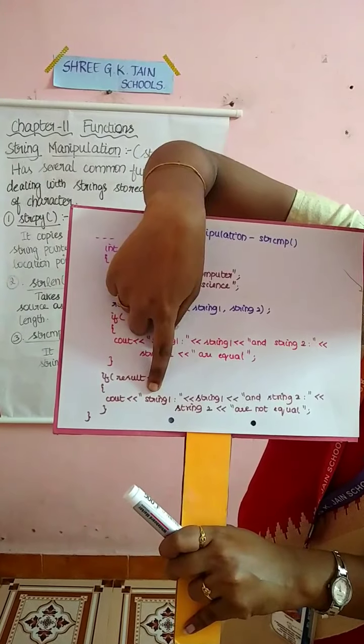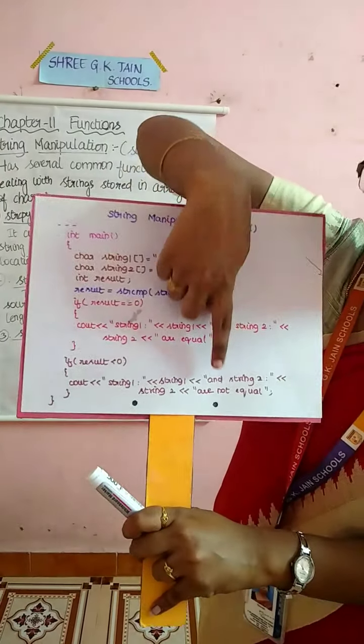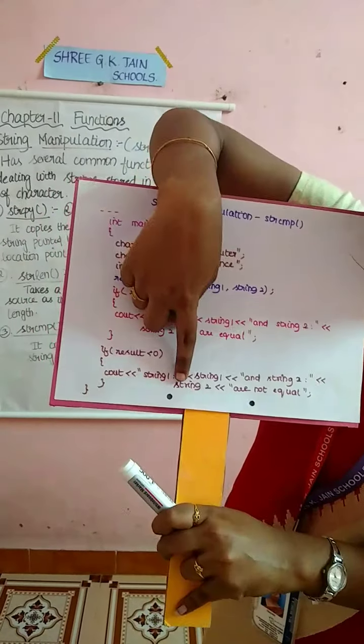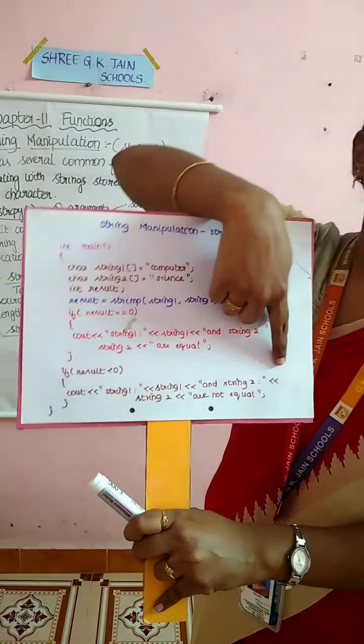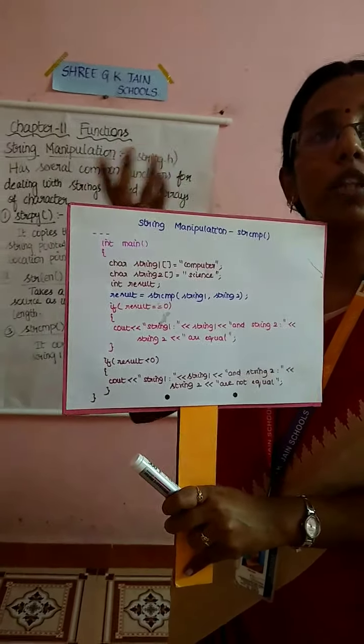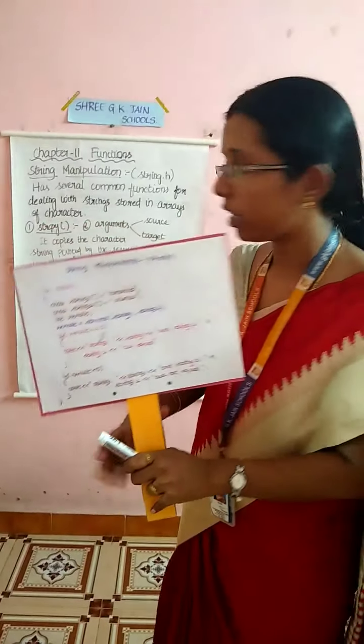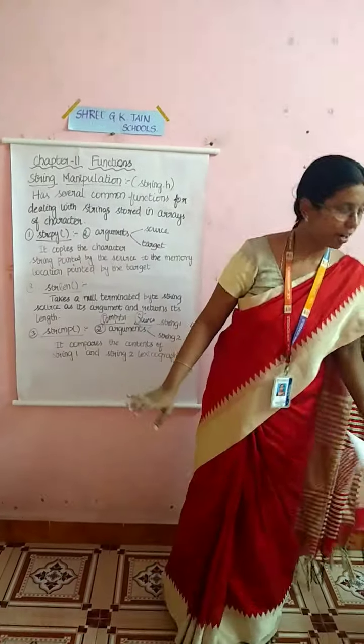String 1 is computer and string 2 is science, which are not equal because the ASCII values of the first characters are not equal. So there is no need to compare the second and third characters and so on. So this is your string compare function.